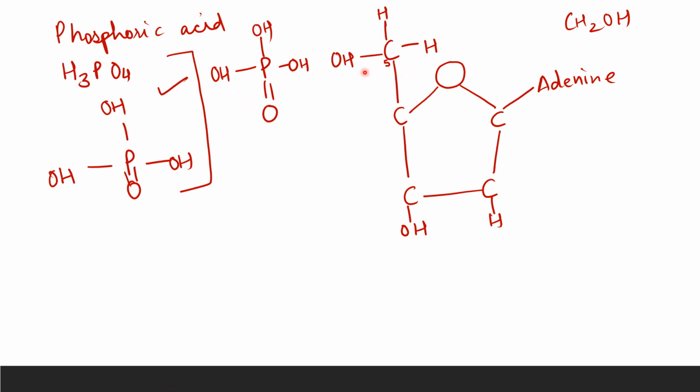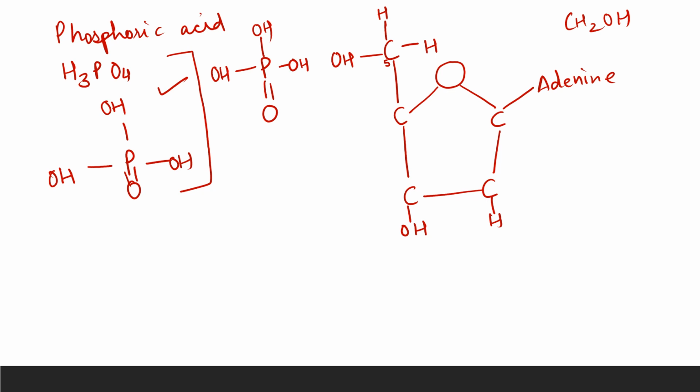So now when this group will attach with this group, there will be a formation of a bond, right? And that bond is known as an ester bond, right? And when an ester bond is formed, what is released? Water is released. And what is water? That is HOH. So now from this area we need to remove water, we need to remove HOH. So let's remove HOH from this area and form an ester bond.